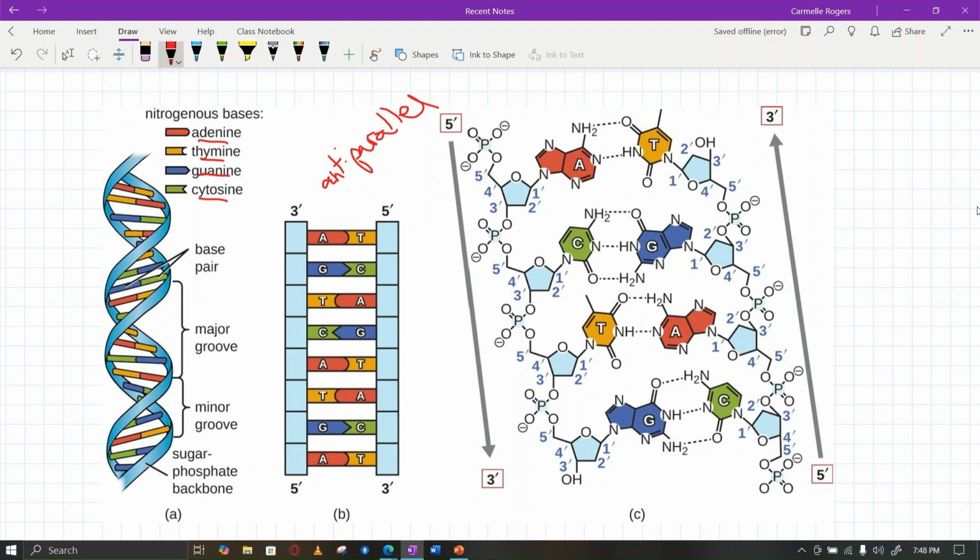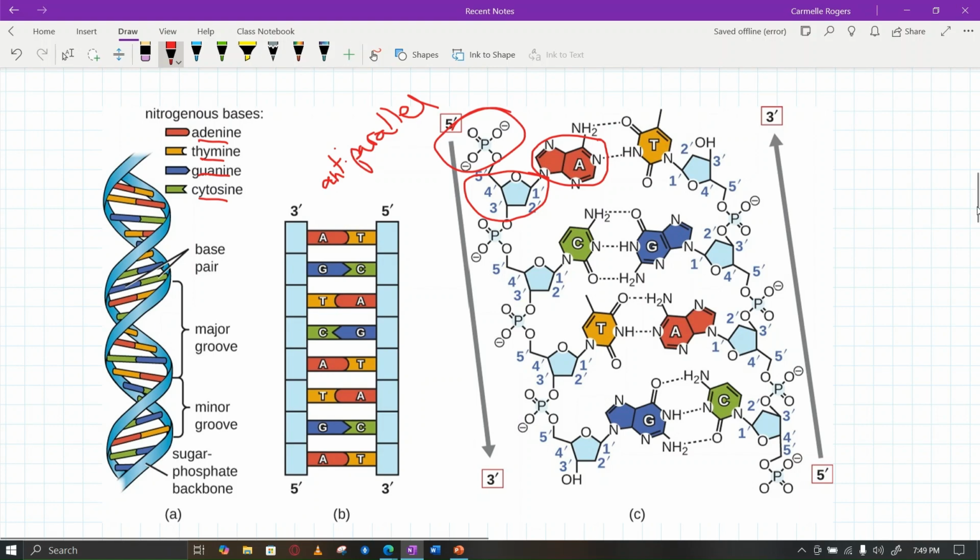What that represents, at each of the nucleotides, we have a base. This one is for adenine in red. We have the sugar in blue, and then we have our phosphate group. That's what makes up the nucleotides here.